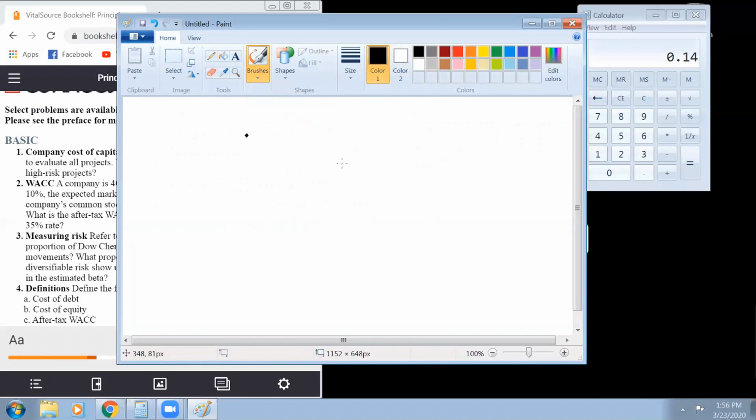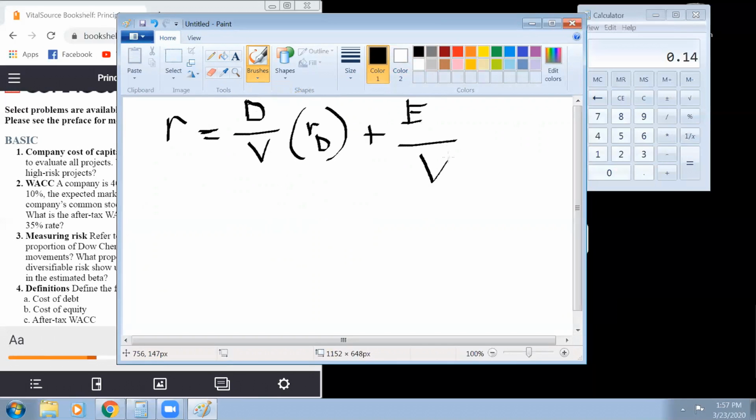Okay, so I'm going to tell you how to calculate this R here. The company cost of capital is equal to the debt over value, that's D over V, multiplied by the cost of debt, plus the equity over value multiplied by the cost of equity. That's going to give us our company cost of capital before tax.